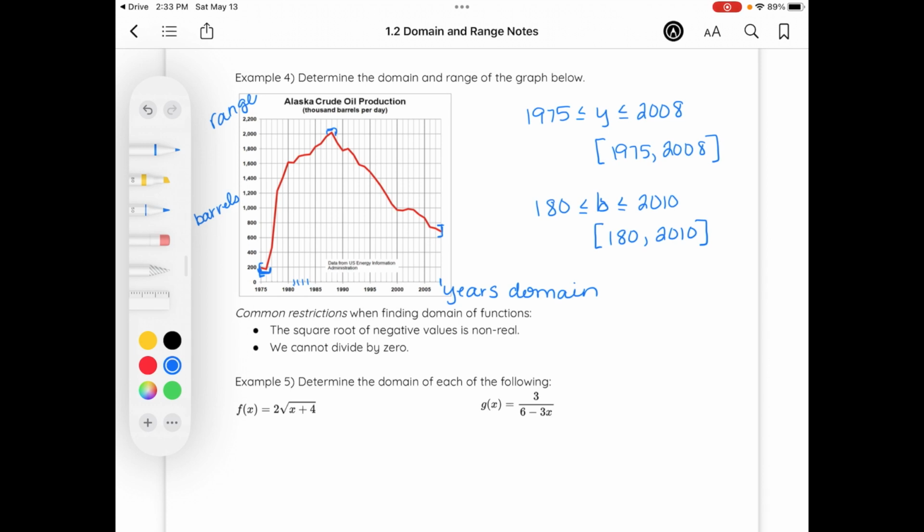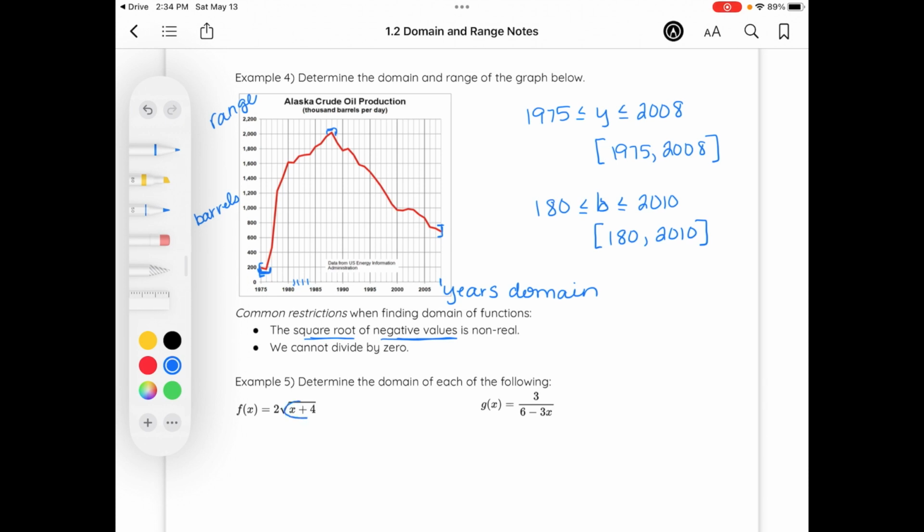Now, if I want to find the domain with common functions, in my two functions below, I have both a radical with a square root, and I have a rational function where I could have an x in the denominator that we have to take care of. In these two situations, there's two things to remember. We cannot have negative values underneath the square root sign.